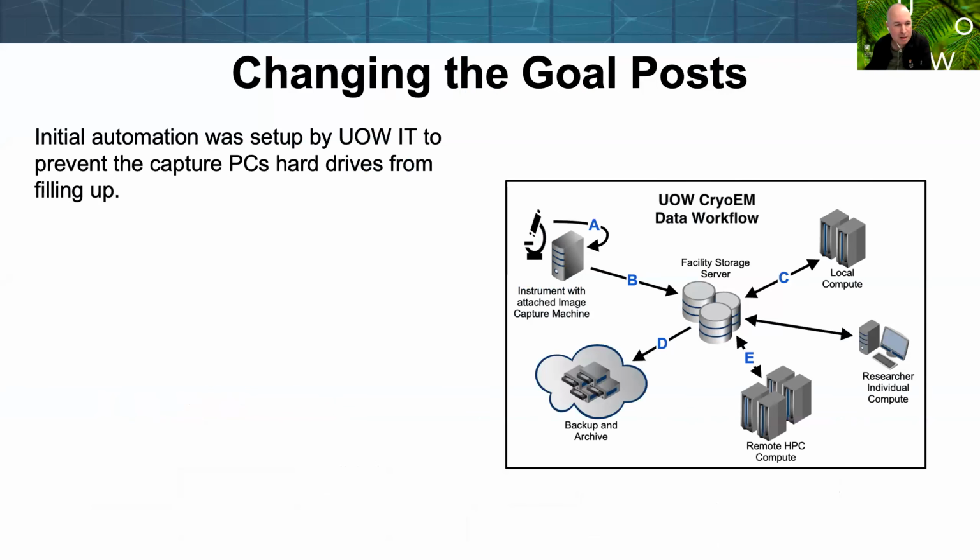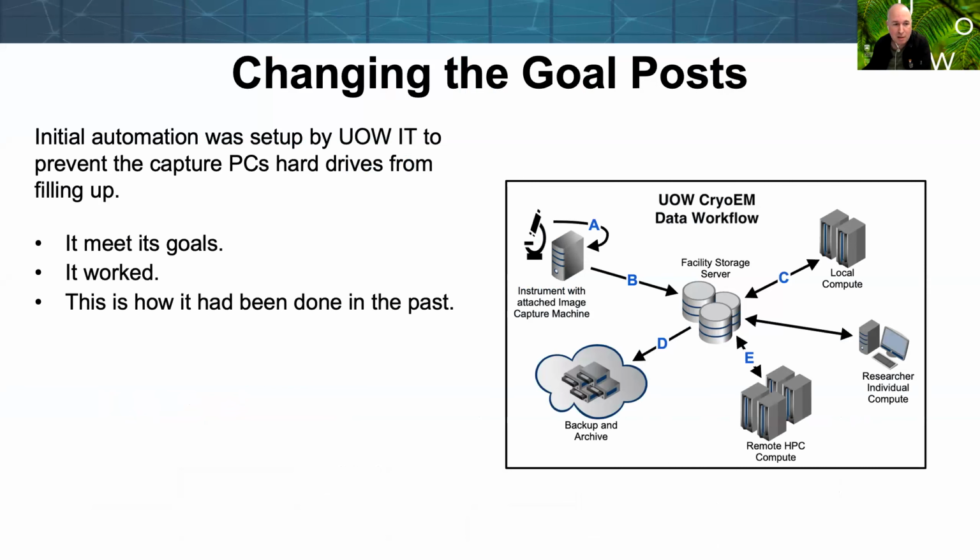So when I started here a few years ago, there wasn't really much automation at all. There was a little bit that had been put in place by the university's central IT. It was section B on the diagram here, and it was something that was in place before I started.